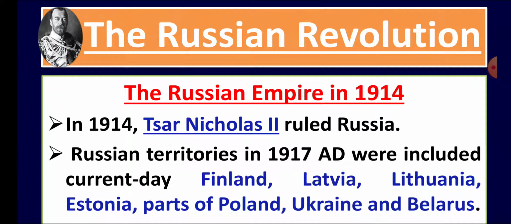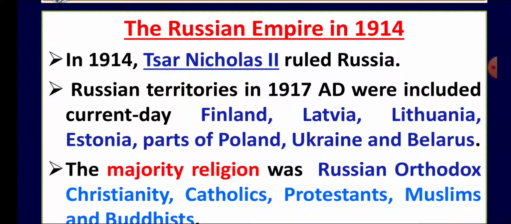Russian territories in 1917 included current-day Finland, Latvia, Lithuania, Estonia, parts of Poland, Ukraine, Belarus, and it had many religions like Christianity, Catholics, Protestants, Muslims, and Buddhists.